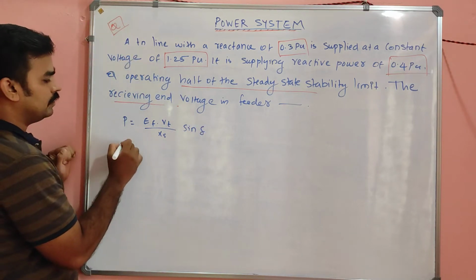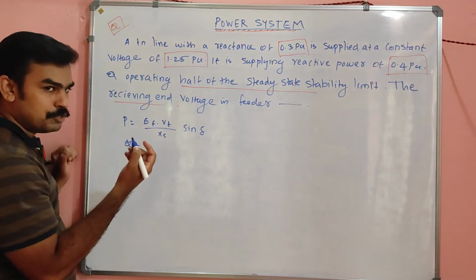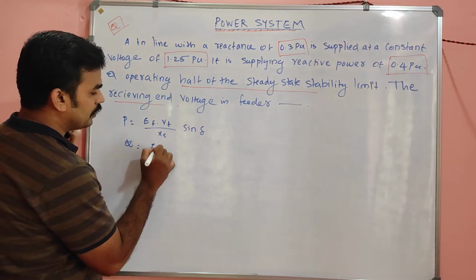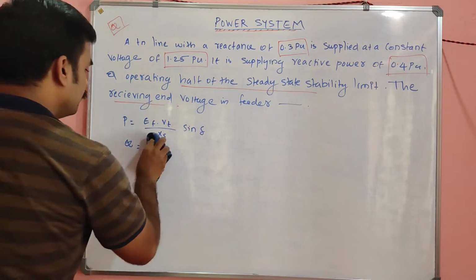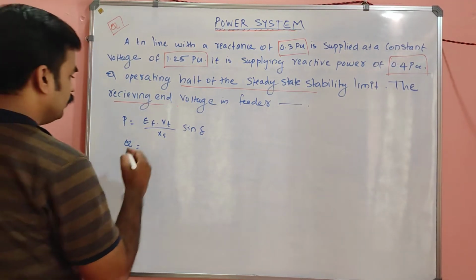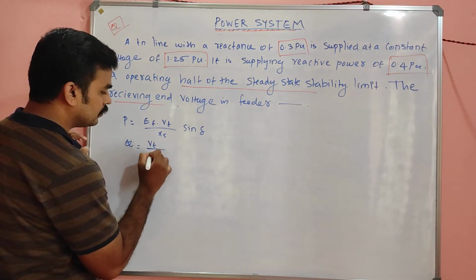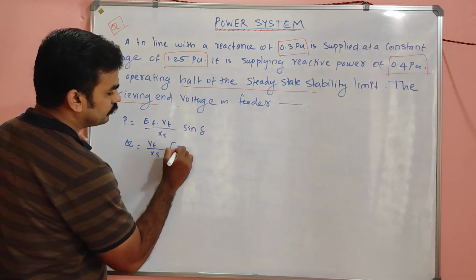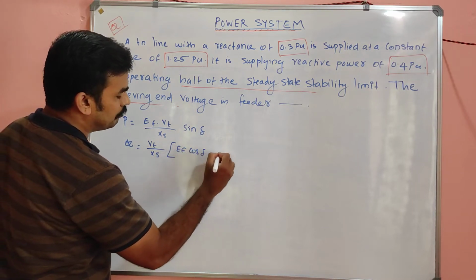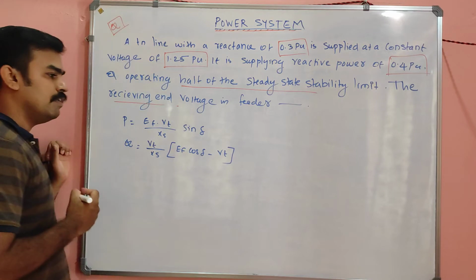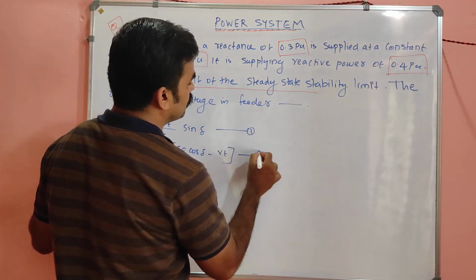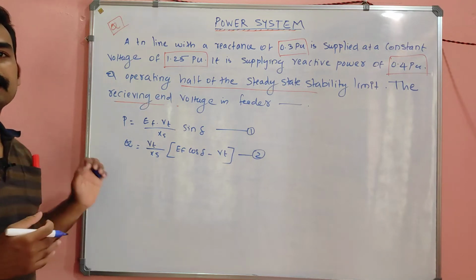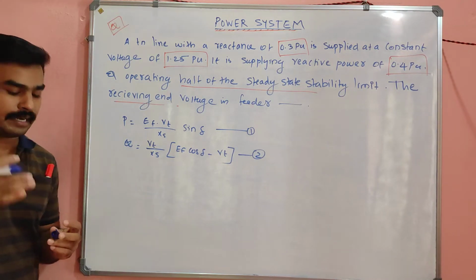And Q, the reactive power, is Vt divided by Xs into (EF cos delta minus Vt). This is a very important relationship, you have to note it down. Let this be equation number 1 and equation number 2, the active and reactive power of an alternator.